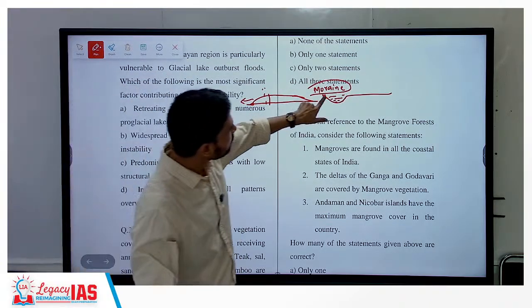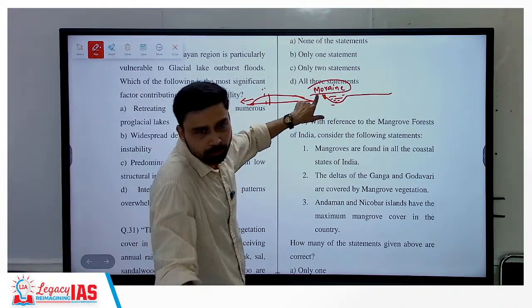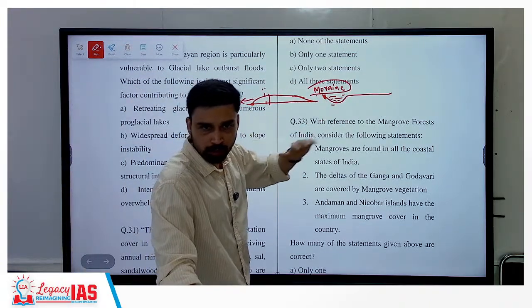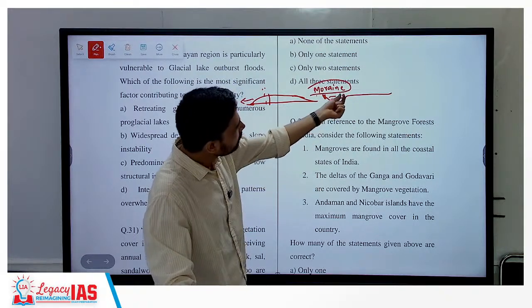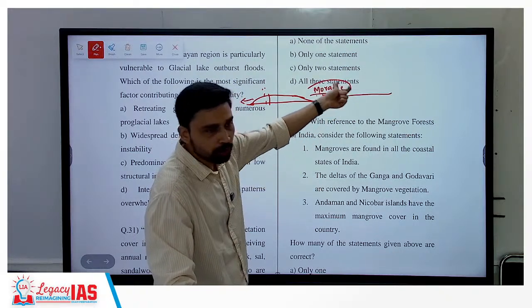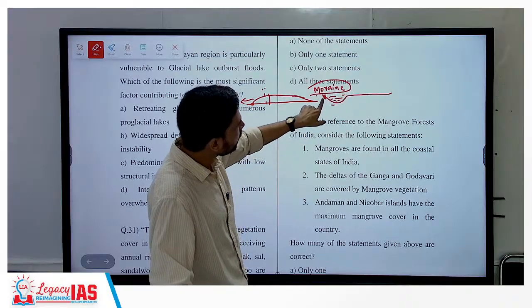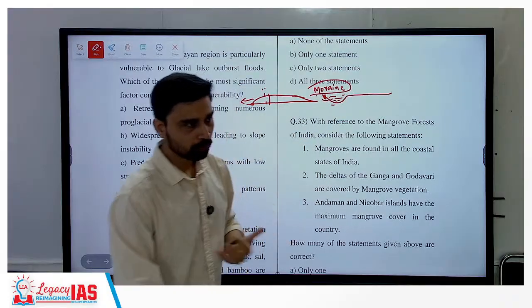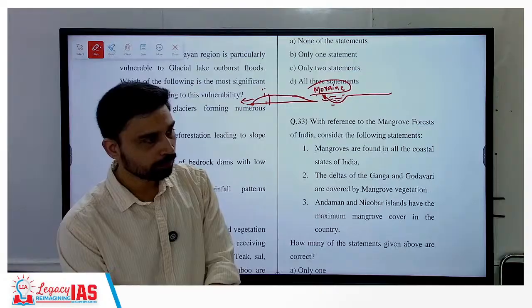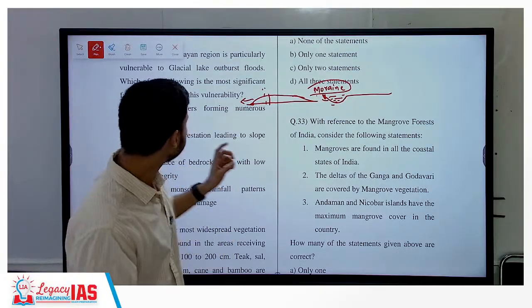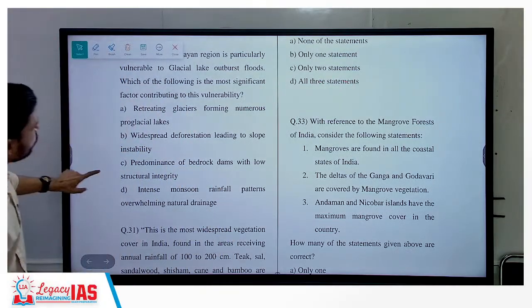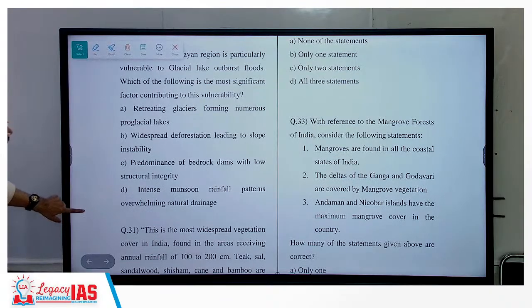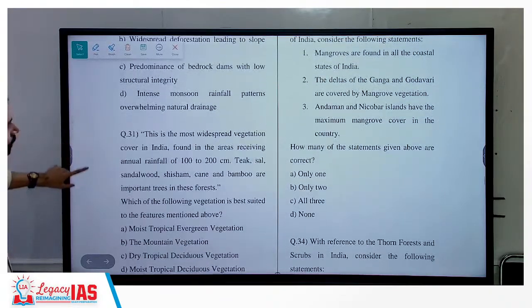These lakes that are forming are called proglacial lakes. If there is an earthquake, instability or sudden input of water due to rapid melting of glacier, these moraines cannot hold water anymore. What will happen? The lake will simply burst. That is what we call glacial lake outburst flood. So A, retreating glaciers forming numerous proglacial lakes, is the reason.